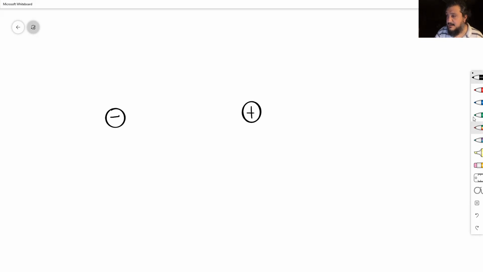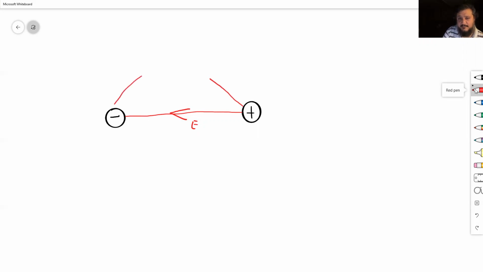So I know that the field has to go radially outward from the positive, but then it has to go radially inward toward the negative. So that's what I will have. That will be the electric field. Here, this line will go normally outward.